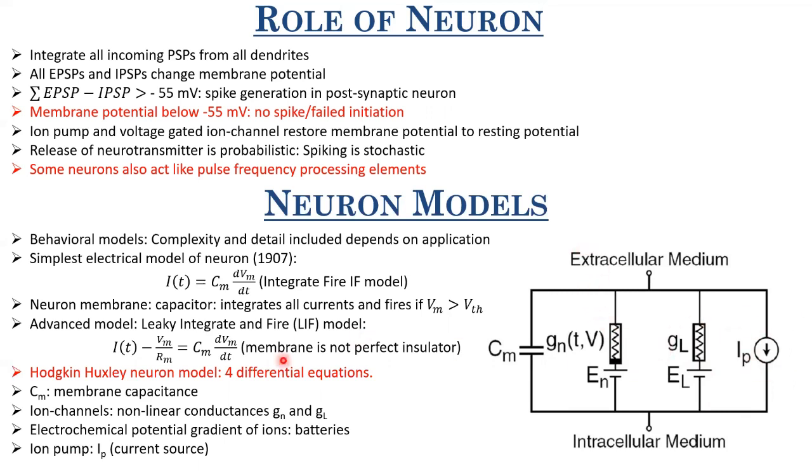That is modeled as a current source, which quickly discharges Cm and brings it back to its resting potential. This is a very advanced model. The Hodgkin-Huxley model is an advanced neuron model, but for all practical applications like SNNs or ANNs, for SNNs typically the LIF model works perfectly.